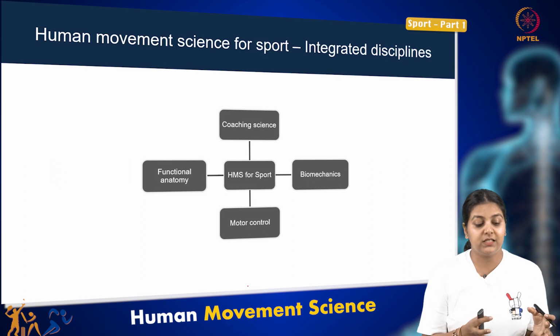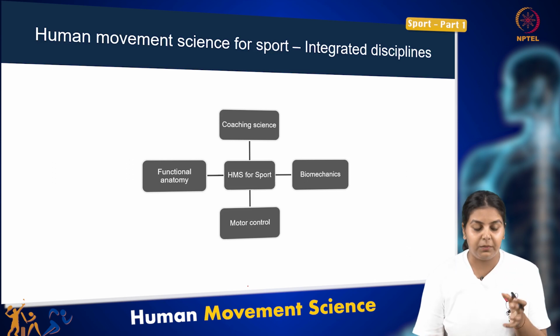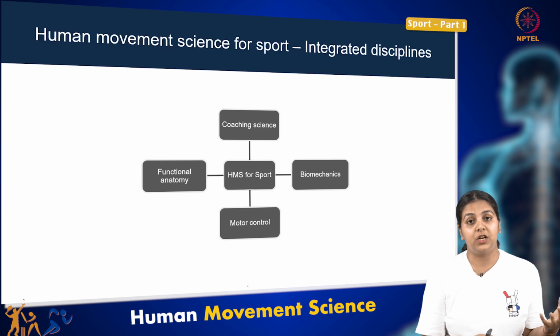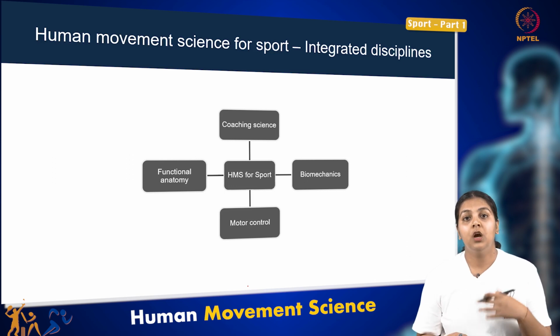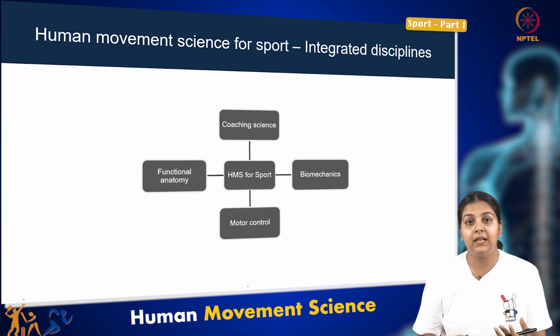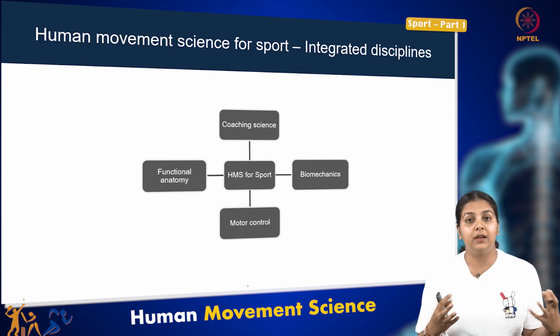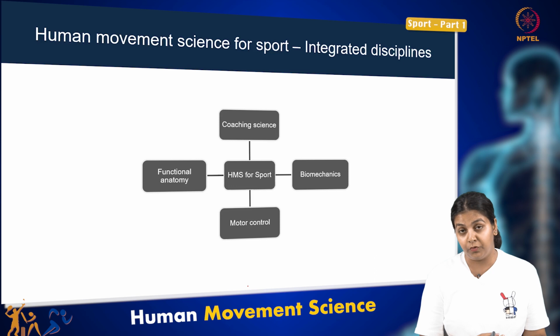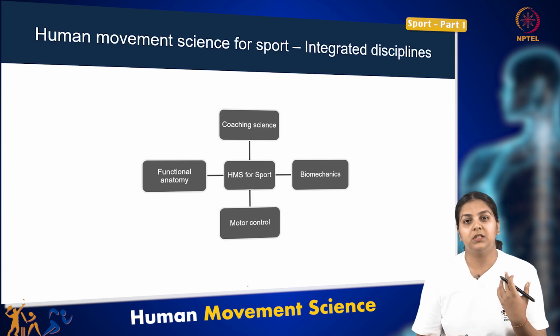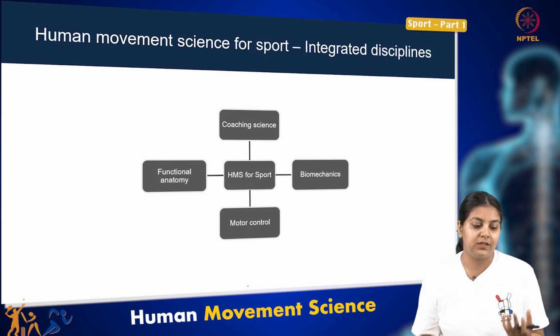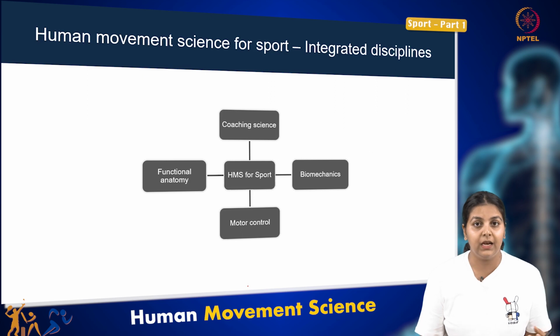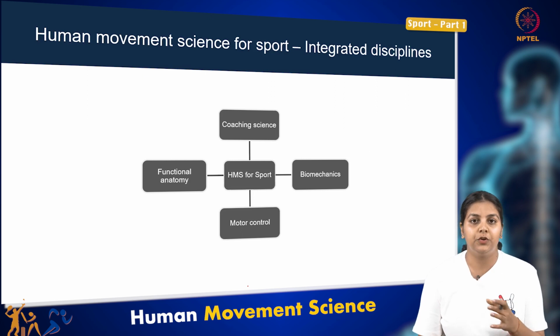But for our understanding, coaching science, biomechanics, motor control, and functional anatomy all play a huge role. If you're a sports scientist or a performance analyst, you need to have an overall understanding of all these four fields. What does it entail? What are some of the important characteristics and considerations from all of them, right? And if you're a coach as well, you need to touch base on all of this, okay?